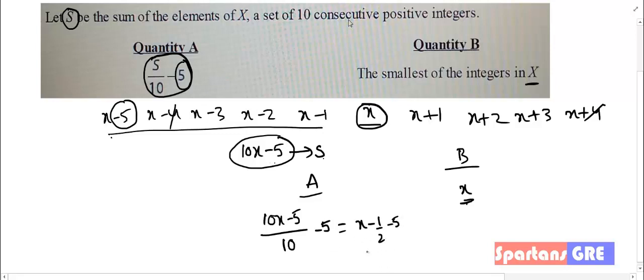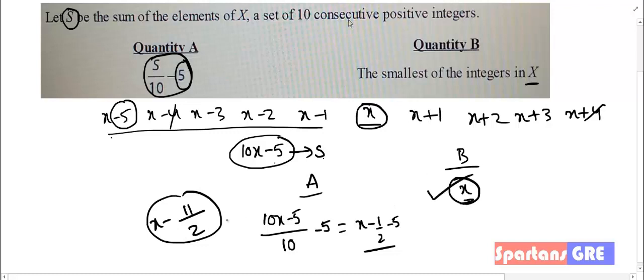It will be x minus something, and you need not simplify it further. Anyway, it comes to x minus 11 by 2. Quantity A is x minus 11 by 2, quantity B is x. Which one is greater? Obviously B is greater, because from x you are subtracting this one.